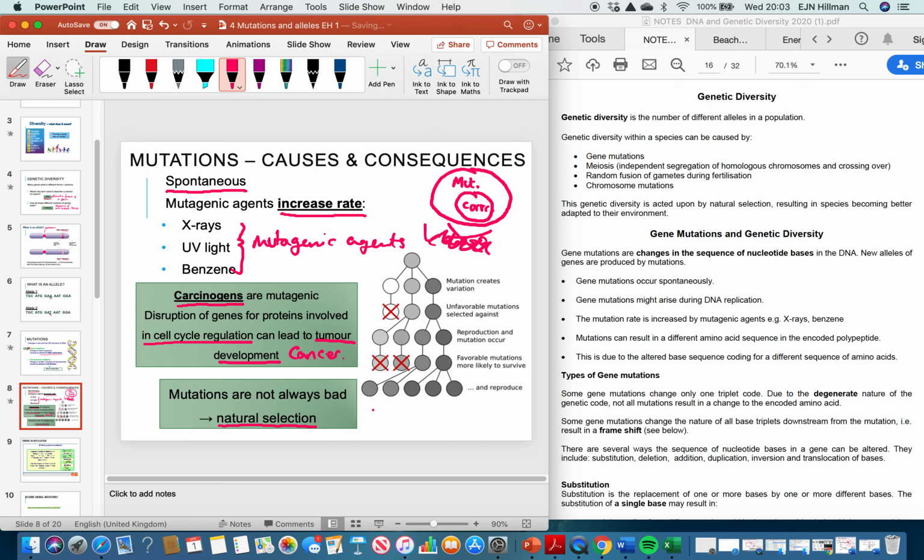If a mutation occurs and there's a change to the sequence of nucleotide bases, and that changes the sequence of amino acids in a polypeptide, and that gives that polypeptide some kind of advantage, what we then have is a selective advantage, and that may increase the reproductive success.